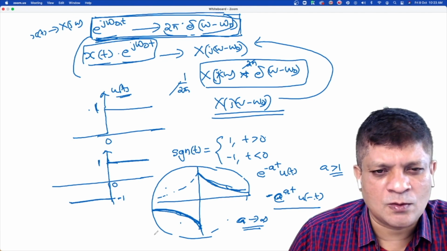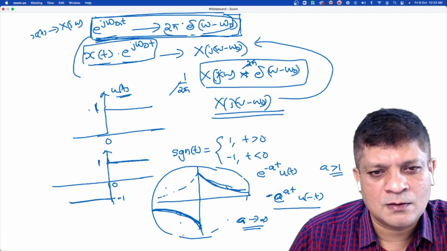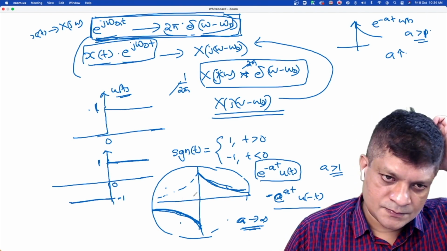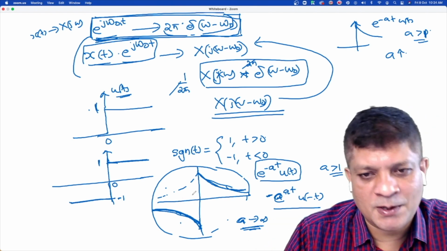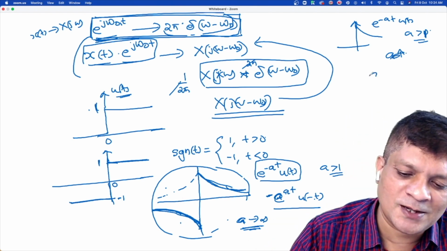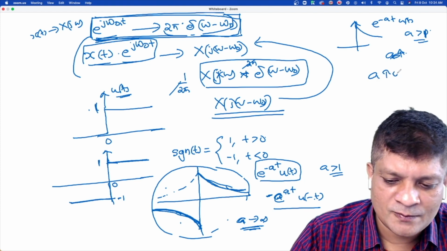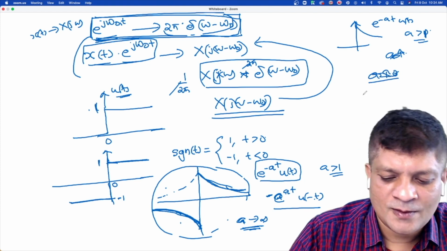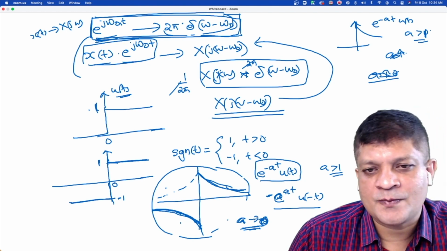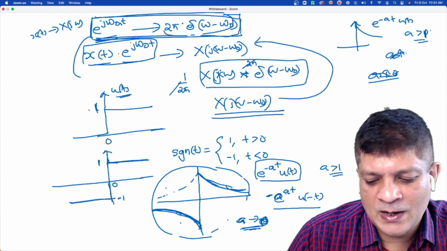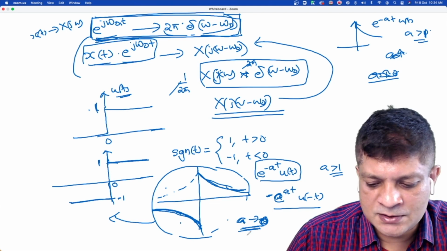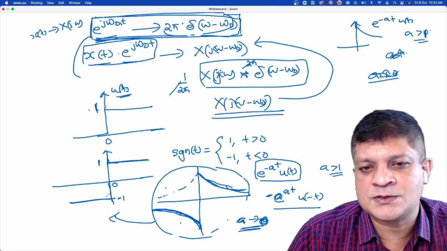Oh, sorry, it is my mistake. It is not a tends to infinity, it is a tends to 0. What will happen as a tends to 0? As a tends to 0, this tends to the signum function.